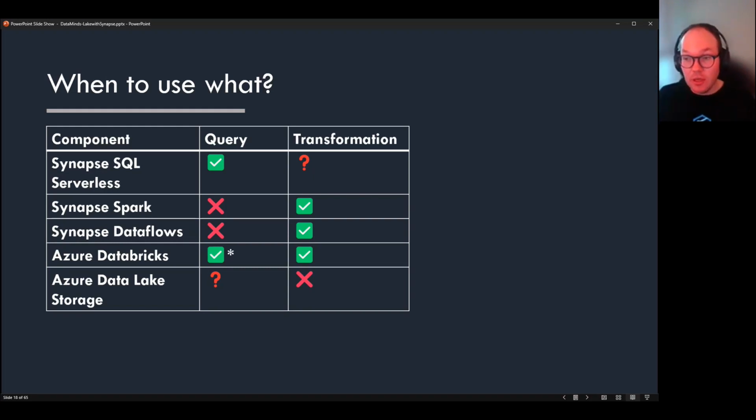What you're seeing here is that we are querying data from the data lake, but in the same way that we query data from a C drive. We're not really querying it, we're just reading data from there, and it's certainly not a transformation technology. So you start to see the real splintering of the different components of this architecture and the ability to do things independently of each other.